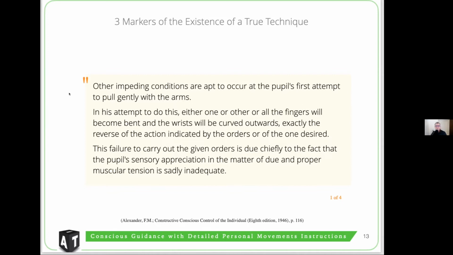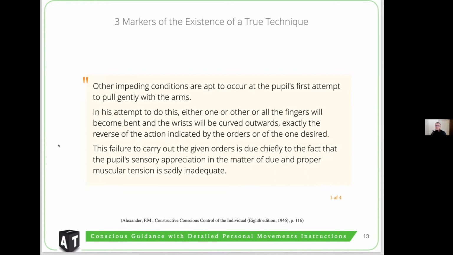When you have to direct at least three joints at the same time, which are the joints of the finger, the joint of the elbow, the joint of the shoulder, you're involved in skilled performance. And you have to understand that, as you will see, Alexander is pointing to difficulties because we are discussing a very complex act.